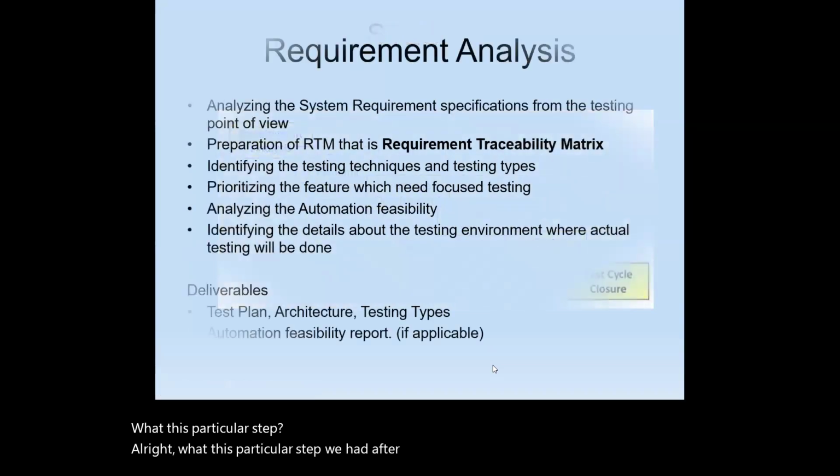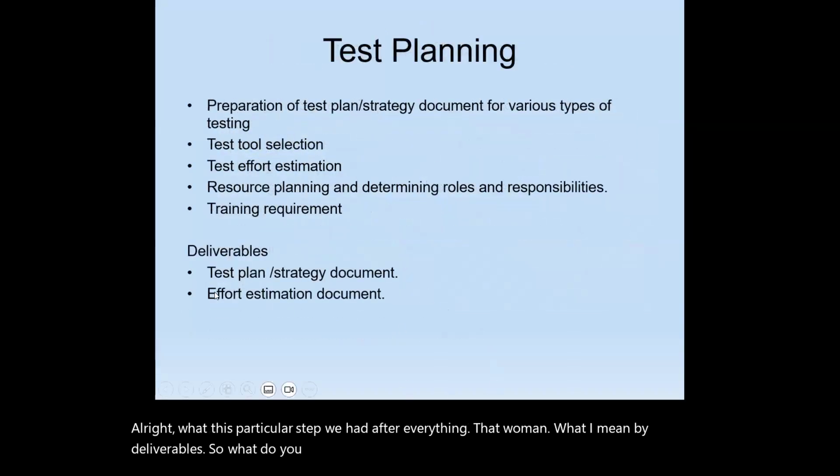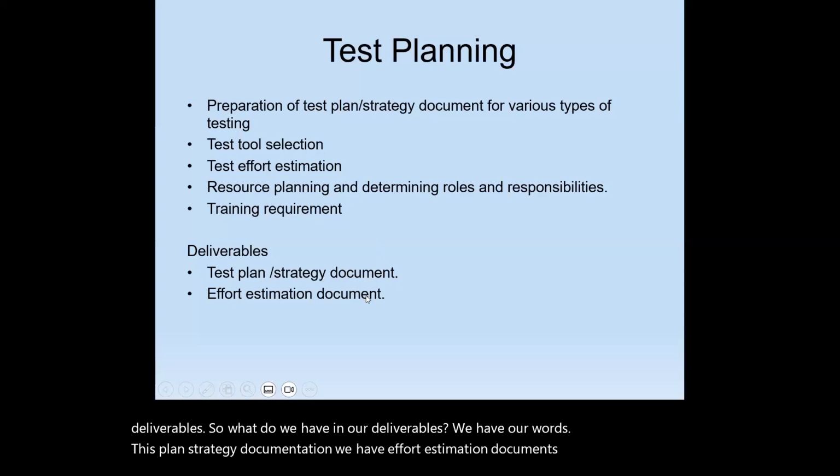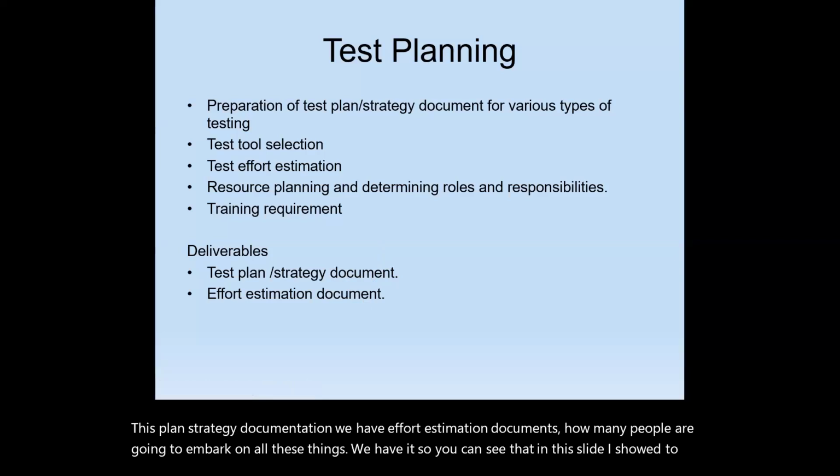That's what I mean by deliverables. So what do we have in our deliverables? We have our test plan, strategy documentation, and effort estimation documents, how many people are going to embark on all these things. We have it.